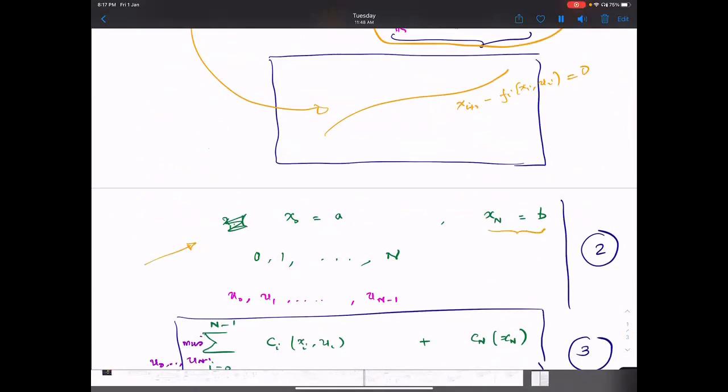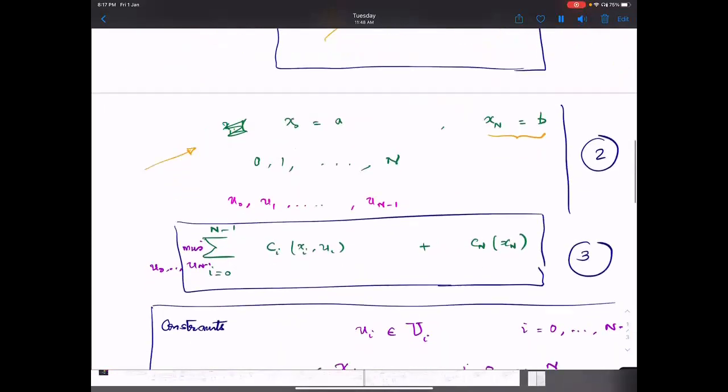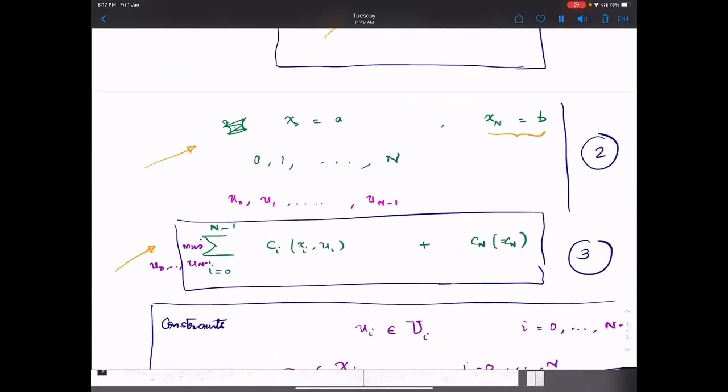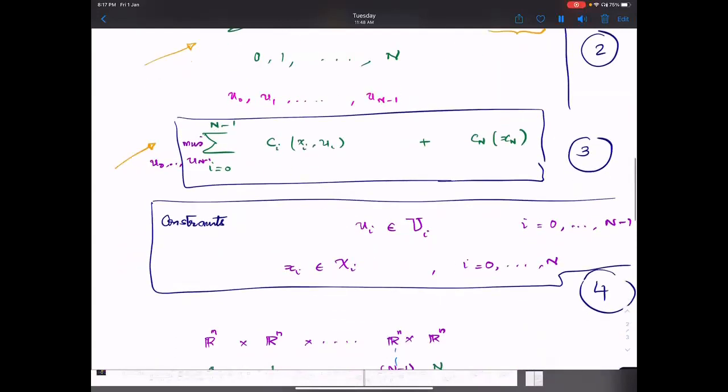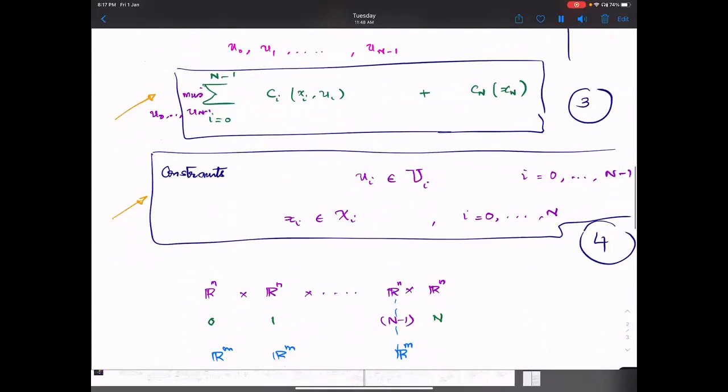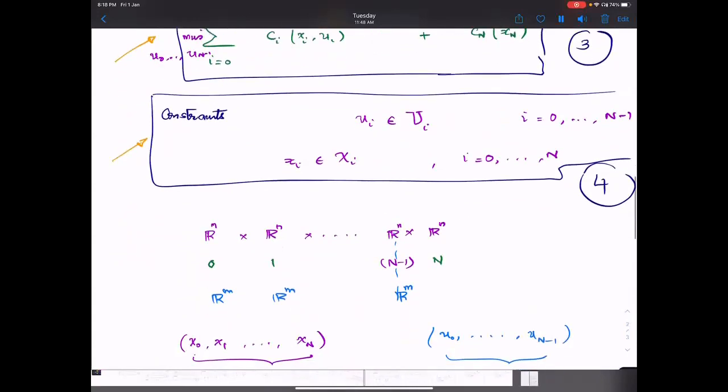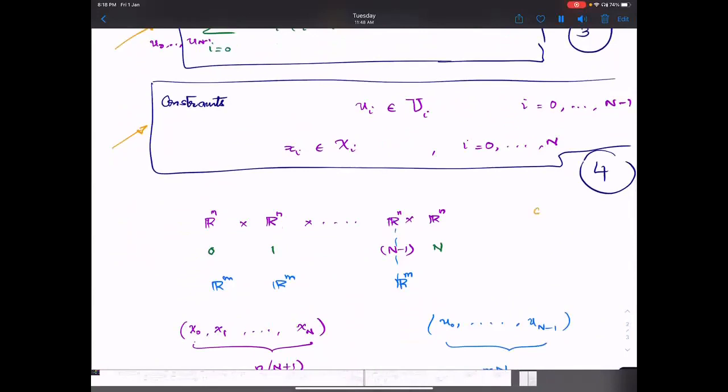Well, this need not be specified. I'm just taking a particular example. It could just be free as well. And then you have a cost function. Then you have constraints on the control and states. And you may have mixed control state constraints as well. So you could have some things like this, C of xi, ui equals 0 at any particular stage.